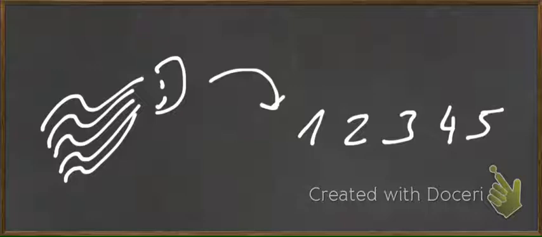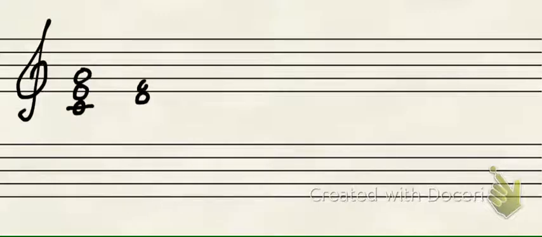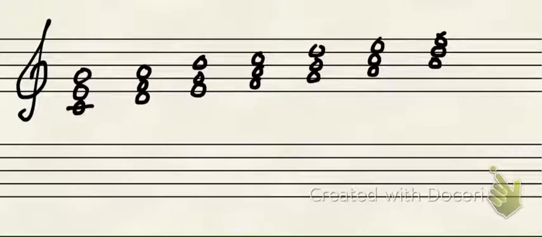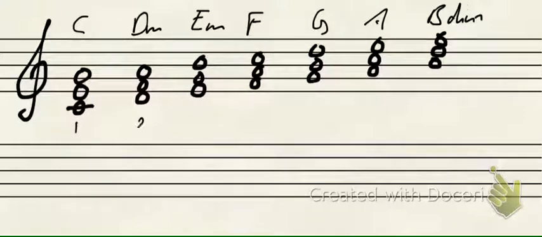The advantage of using this system is that you can take a scale right here and build chords over it, and usually what we would do now is label each of them. Yes, C major, D minor, E minor, F, G, A, B diminished.